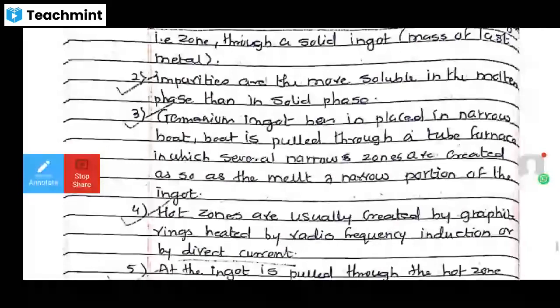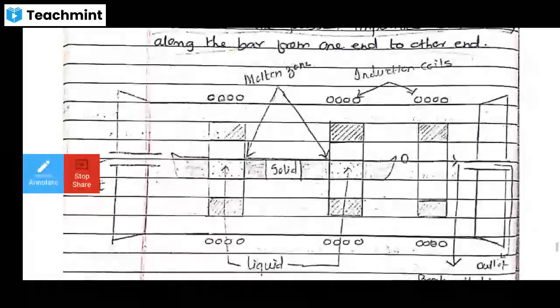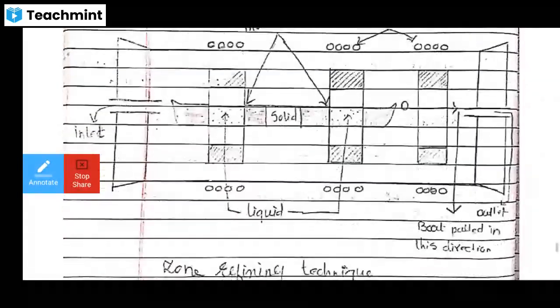So germanium is placed in a narrow boat, and the boat is pulled through a tube furnace in which several narrow zones are created, a narrow portion of the ingot. The hot zone proceeds through this molten zone by inductive coils, and finally the boat is pulled in one direction.